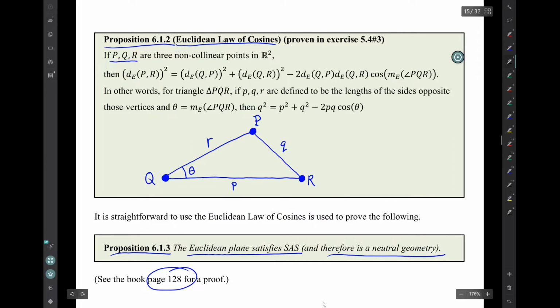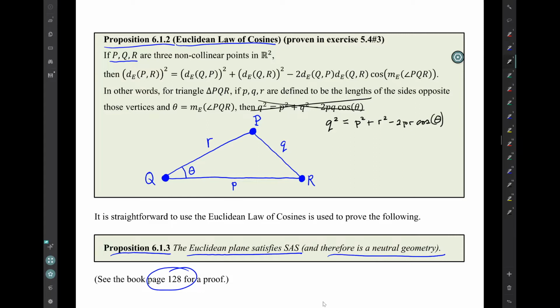Now there's a typo in the equation that I've written here. The equation should say that little q squared equals little p squared plus little r squared minus 2pr cos theta. So that's the law of cosines, the Euclidean law of cosines.